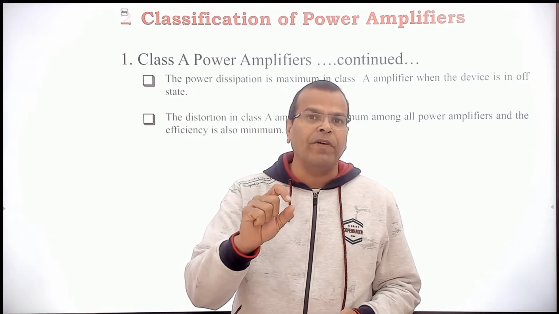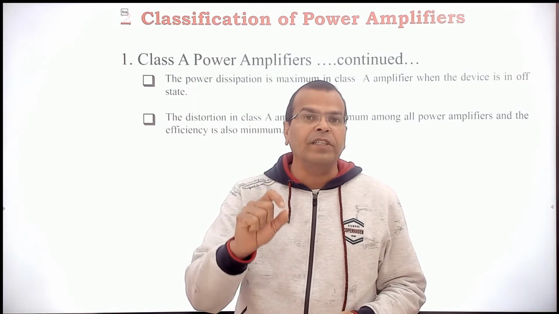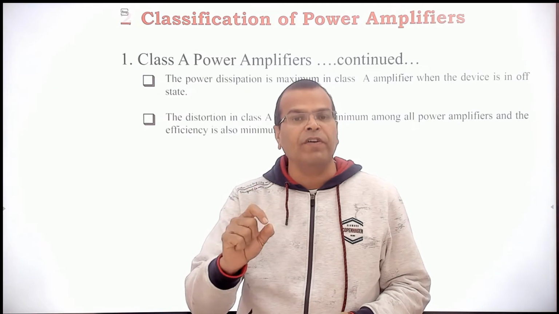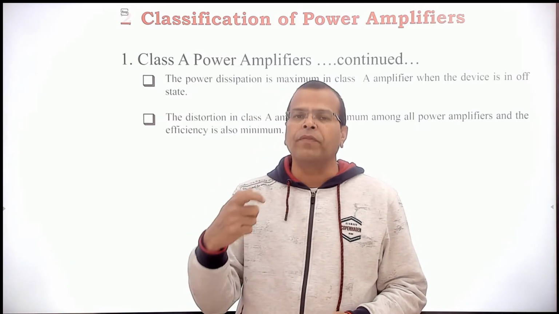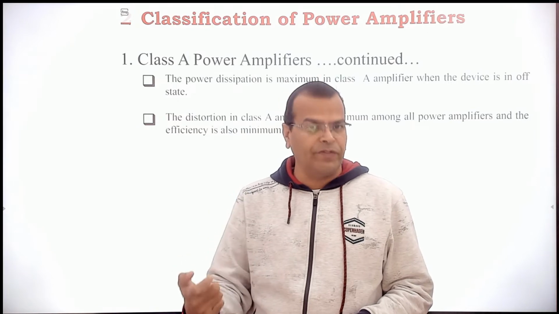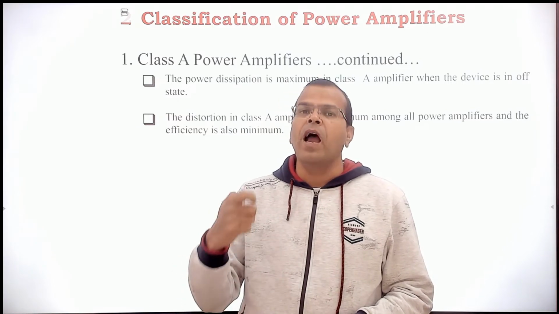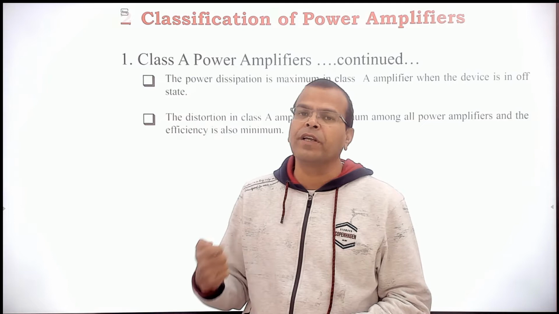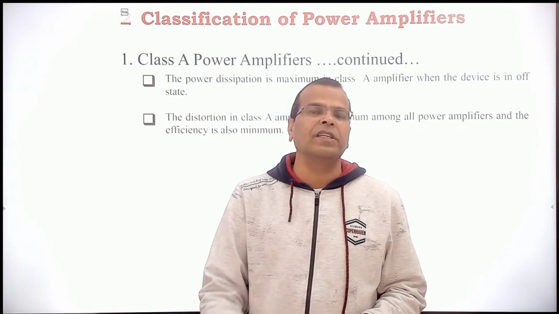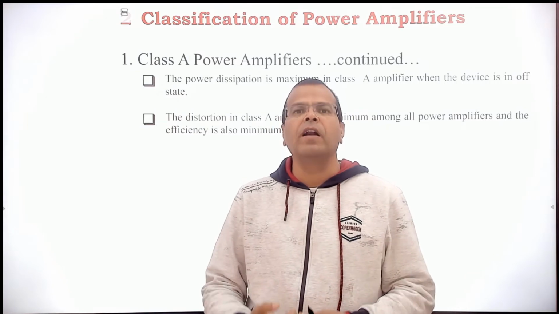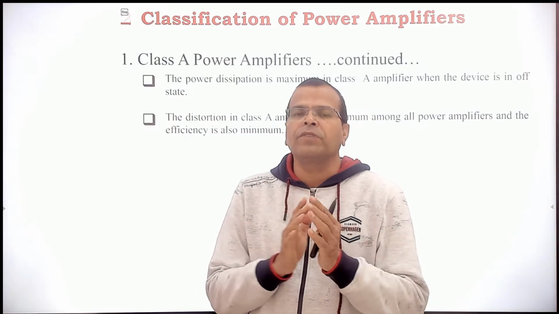The class A amplifier has a maximum efficiency of 25% in case of direct coupled. We will see that one by one. The efficiency is 25% in case of direct coupled amplifier, and it is 50% in case of transformer coupled amplifier. How is efficiency increased in the transformer coupled amplifier?